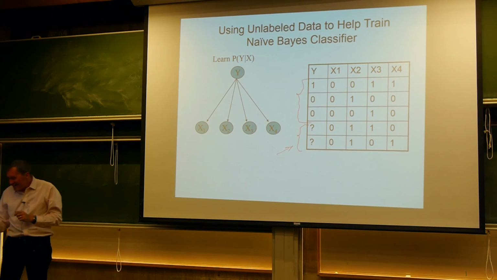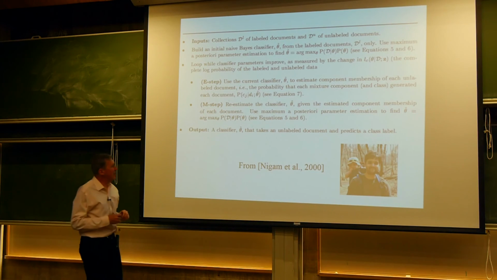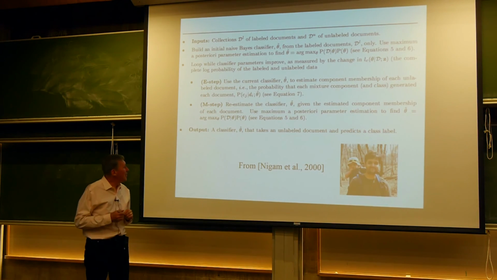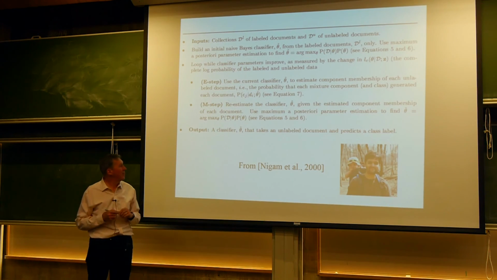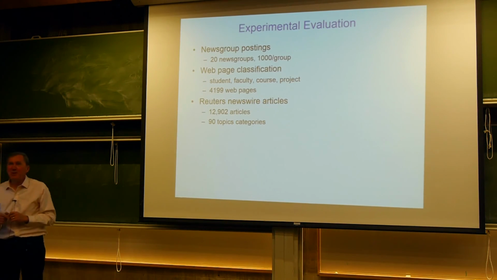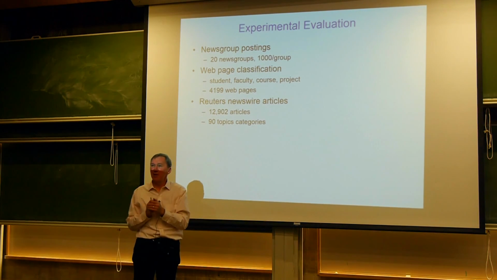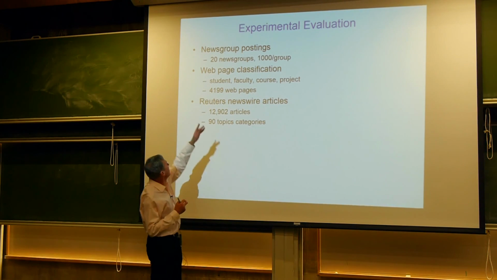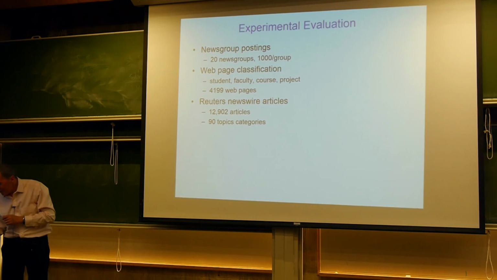So if you try this, it turns out my friend Kamal Nigam here, former CMU student, who is now a co-director of the Google lab here in Pittsburgh, did some experimenting with this, applying naive Bayes to the 20 news groups data, which is a collection of text, which I think you might be familiar with, where each document is from some news group. He used some other data sets too.